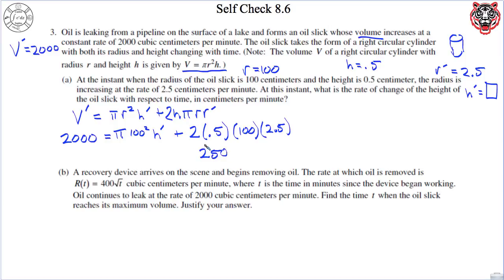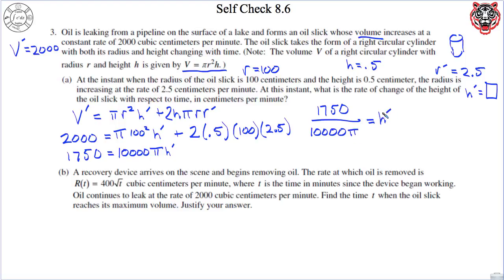If I subtract 250 from both sides, I'm left with 1,750 is equal to 10,000 pi h prime. Divide both sides by 10,000 pi, and you're left with 1750 all over 10,000 pi. That is equal to our h prime.